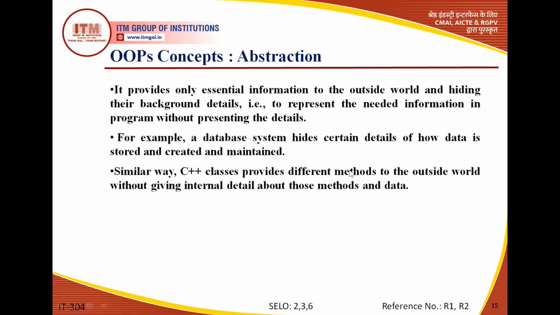Okay, now let us move towards the next concept, the third concept, which is called abstraction. So abstraction means you can say that it simply provides essential information to the outside world, and hides the background details.